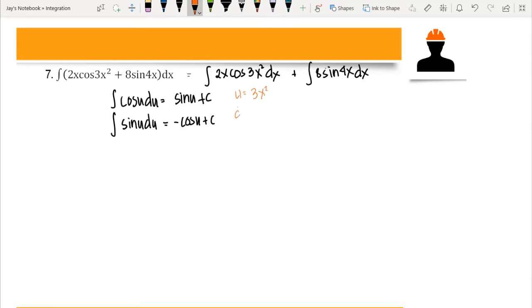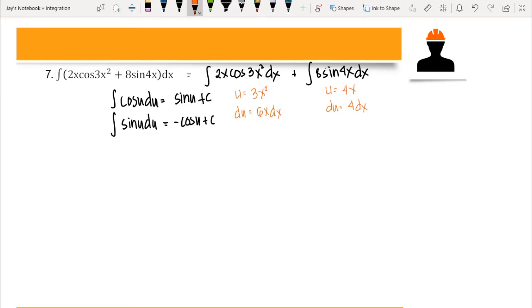Then our du is the derivative of 3x squared, that is 6x dx. In the second term, our u is the angle of sine, that is 4x. Then our du is equal to 4 dx. But by looking at the function, we need 4 dx as our du, and here we need 6x dx as our du.